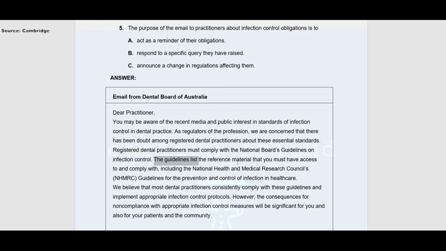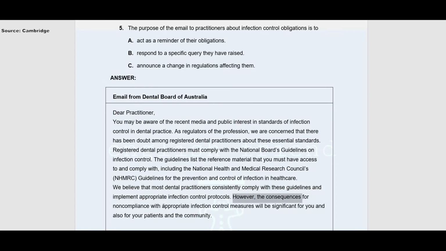The guidelines list the reference material that you must have access to and comply with, including the National Health and Medical Research Council's guidelines for the prevention and control of infection in healthcare. We believe that most dental practitioners consistently comply with these guidelines and implement appropriate infection control protocols.